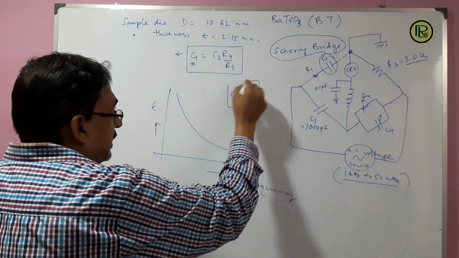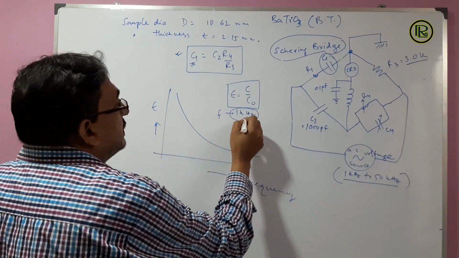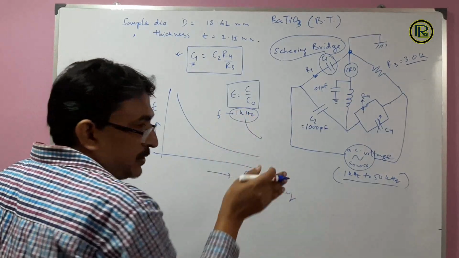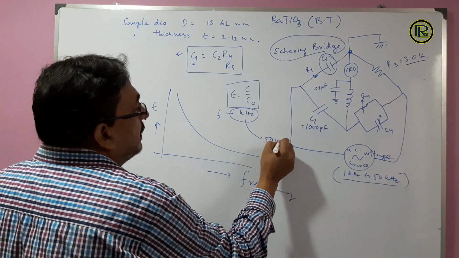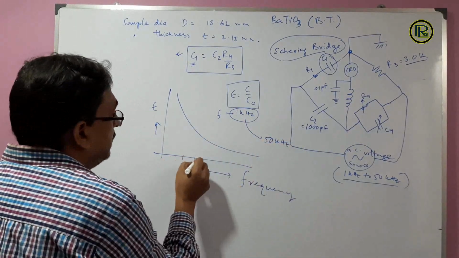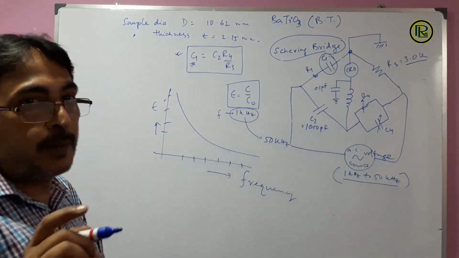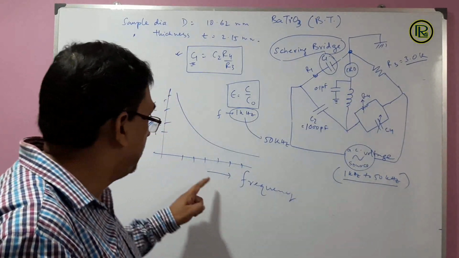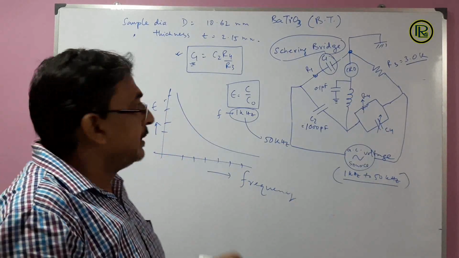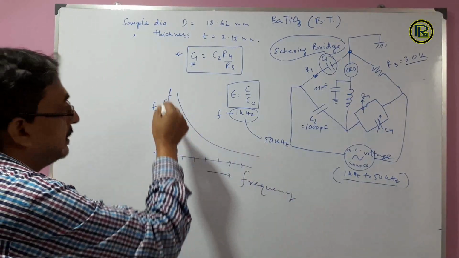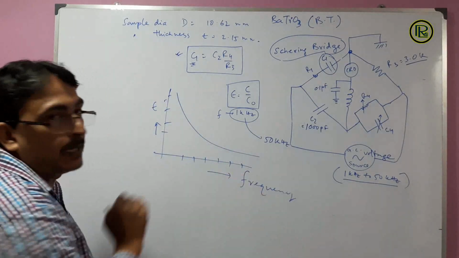We will repeat this experiment for frequency f, changing it in steps of 2 to 3 kHz up to 50 kHz. We first make a table of frequency and epsilon, and then plot epsilon along the y-axis and frequency along the x-axis to get this curve.